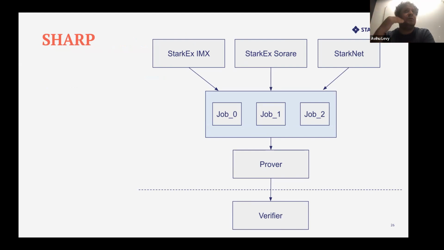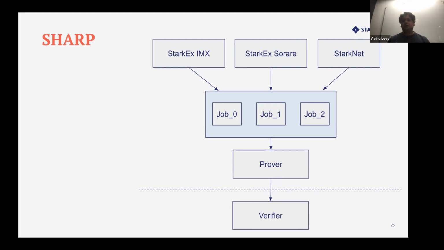And what normally happens is that those jobs are not arriving necessarily at the same time. They arrive sequentially over some time based on the speed of transactions. So you normally wait twice, or up to this point in time, you wait twice in Sharp.